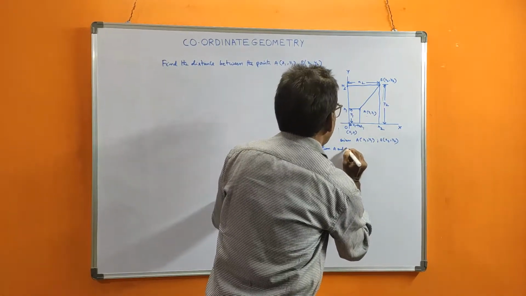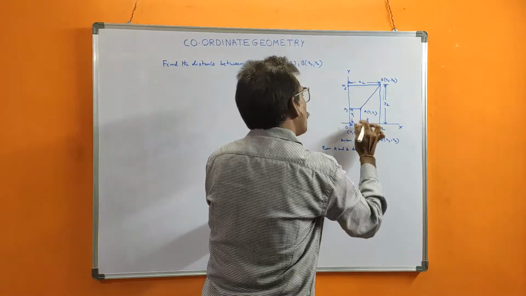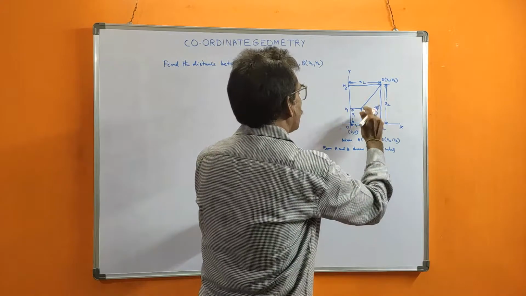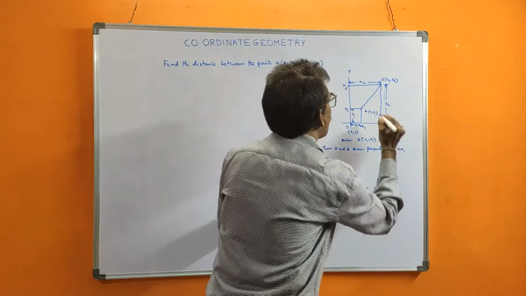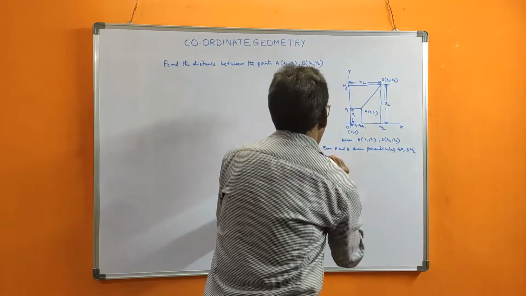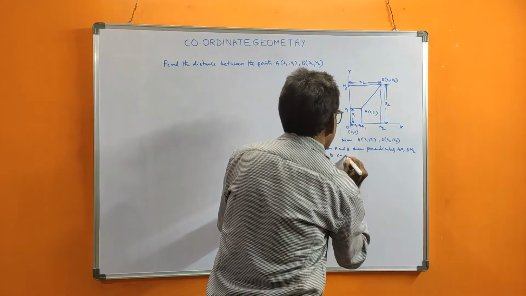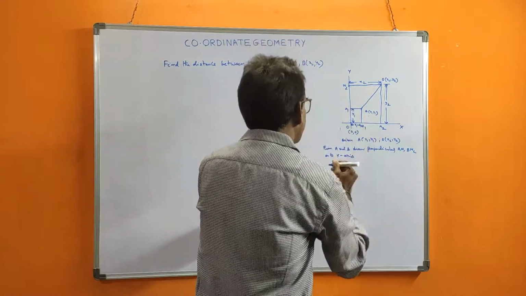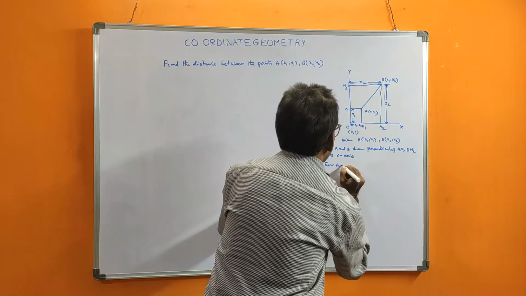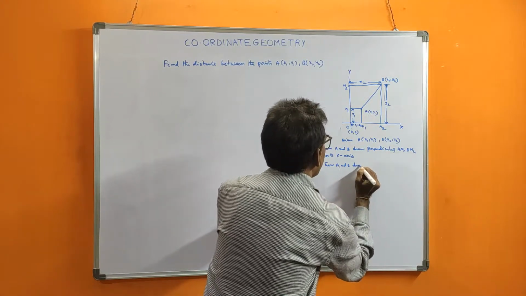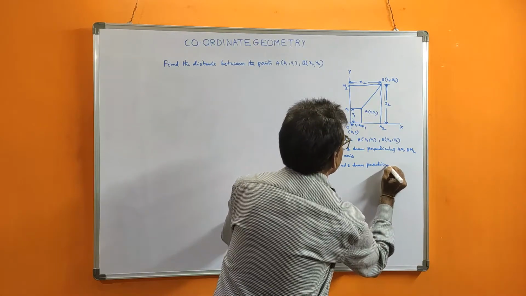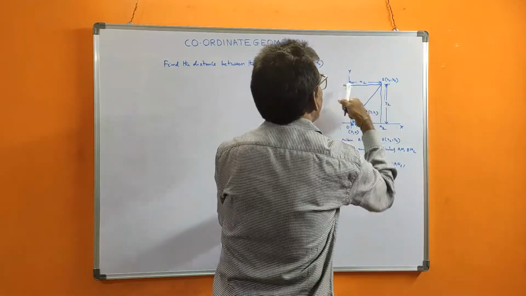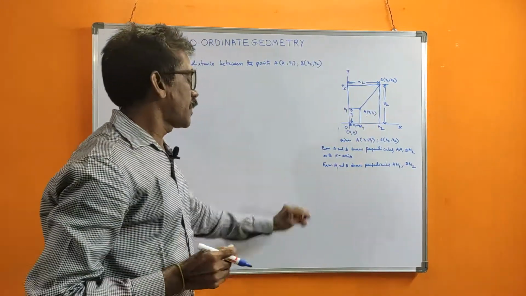From A and B both, draw perpendiculars: AM1, BM2 onto the x axis. Okay, we already drew that diagram. Next, perpendiculars on the y axis. In the same way, from A and B draw perpendiculars AN1, BN2. These are the perpendiculars.